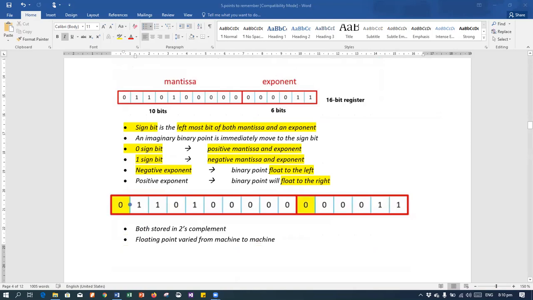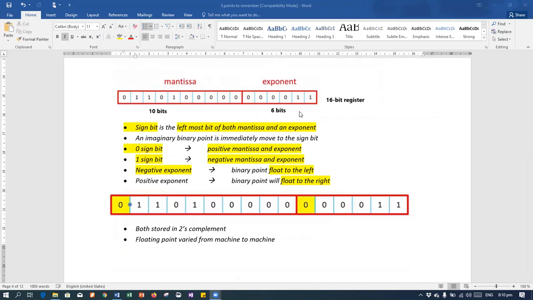Now see, these are all the specifications that you would focus on. The sign bit always comes in the beginning, towards the left side, as the leftmost bit of both mantissa and exponent. Both mantissa and exponent can be positive or negative.